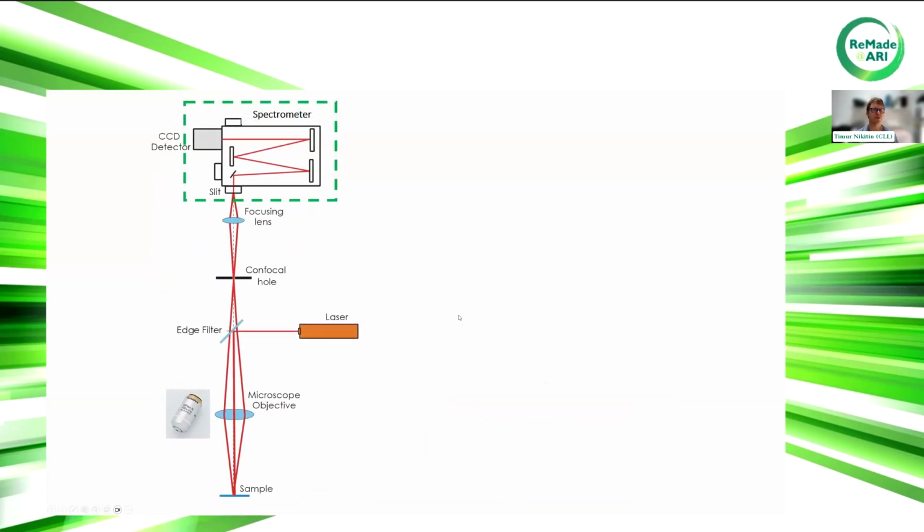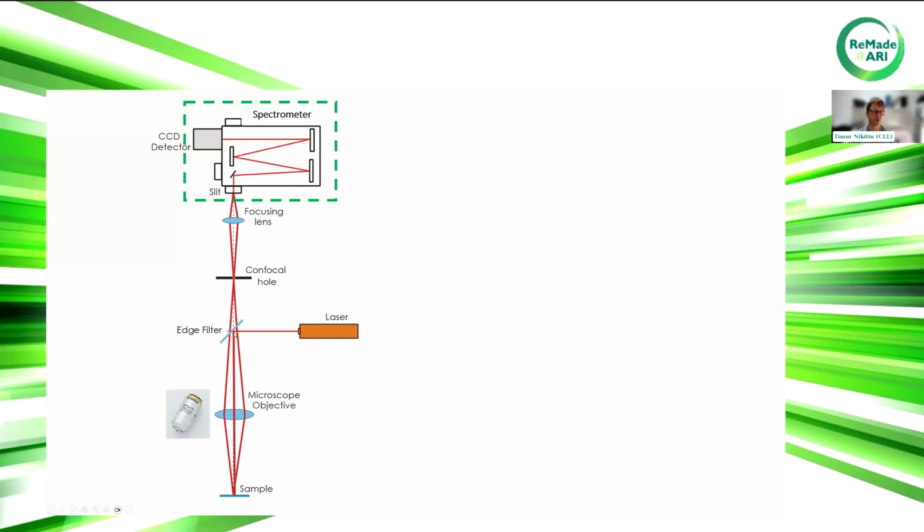Okay, now let's take a look at the spectrometer part. So after the confocal hole, or rather, let me explain from the beginning. When we have the laser, usually the laser is a visible laser, or could be near infrared or UV laser. The radiation first comes to the edge filter.